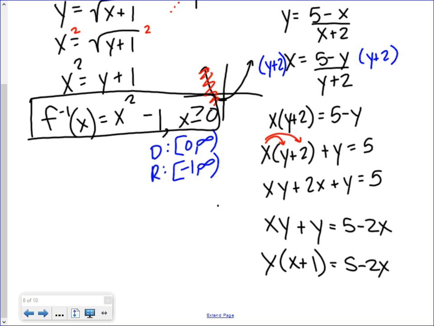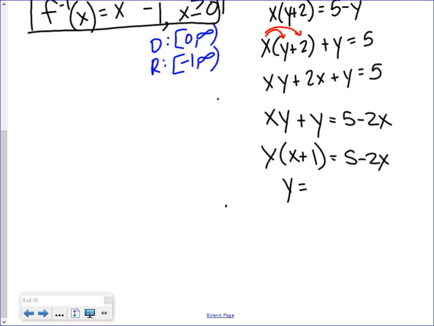Now, can you solve for y? Yeah, you divide. And you're trying to say, oh my gosh, it's going to look like another rational function. So the inverse of a rational function is another rational function. So we'll divide by x plus 1. And we'll have 5 minus 2x over x plus 1. And we can rewrite that f inverse equals 5 minus 2x over x plus 1.